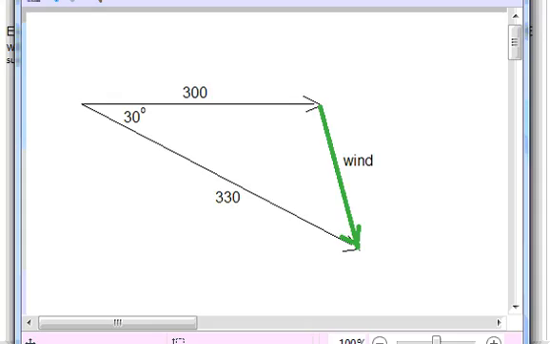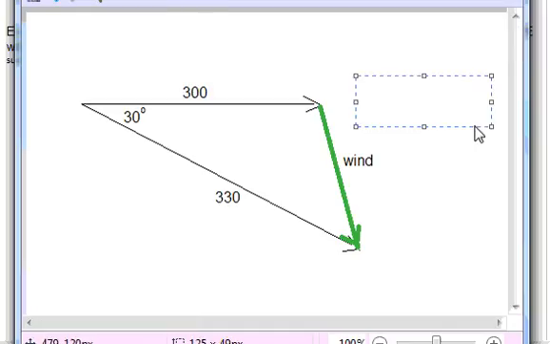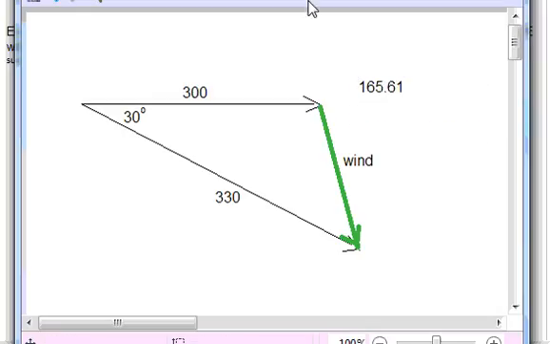So going back to my picture, this is 165.61. Hurricane force wind here, definitely. See what I give up for making a problem up.